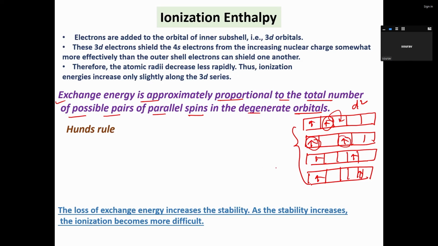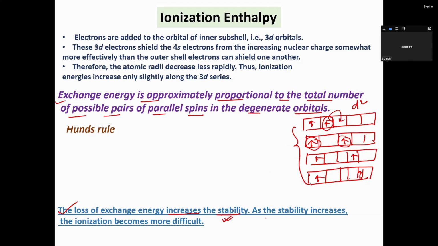The loss of exchange energy increases the stability. When the number of possibilities of exchange energy is greater, it will have more stability.